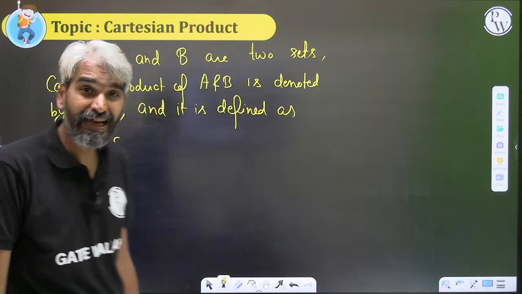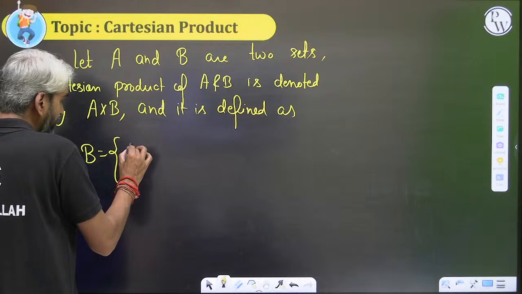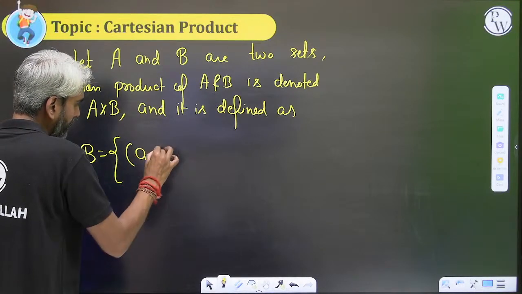But what will be the elements of this set? The elements of this set will be the ordered pairs.